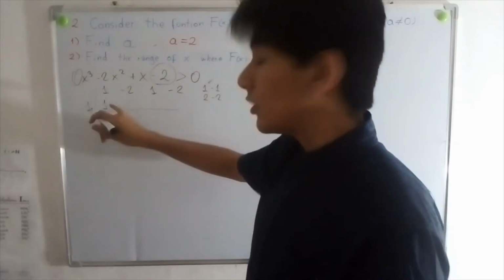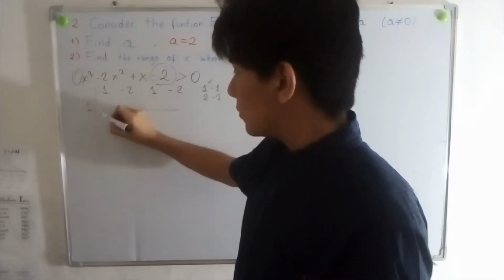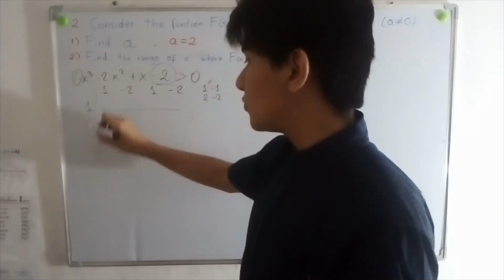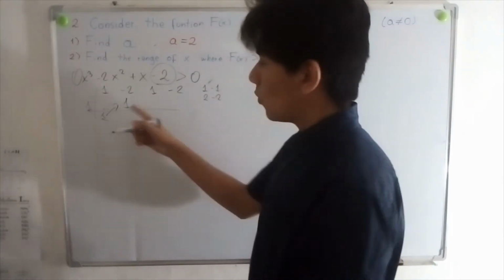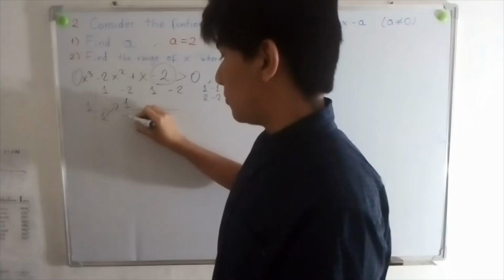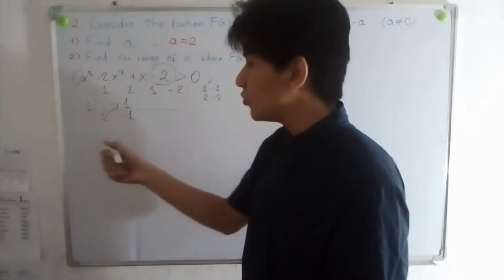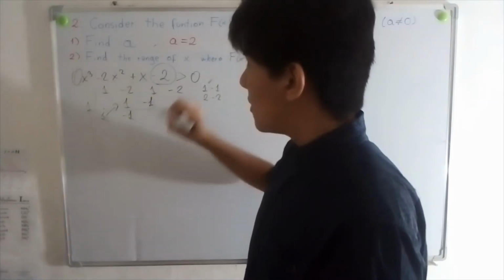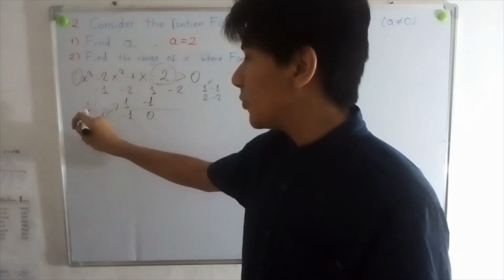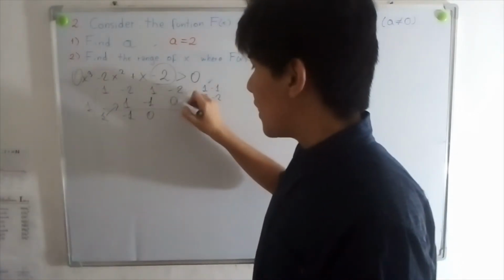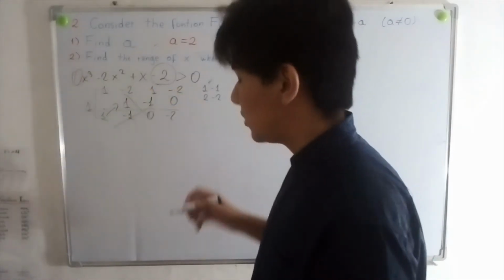The 1 goes down. And 1 times 1 is 1. 1 minus 2 is minus 1. 1 times minus 1 is minus 1. Minus 1 plus 1 is 0. 0 times 1 is 0. And 0 minus 2 is minus 2. And that isn't zero.